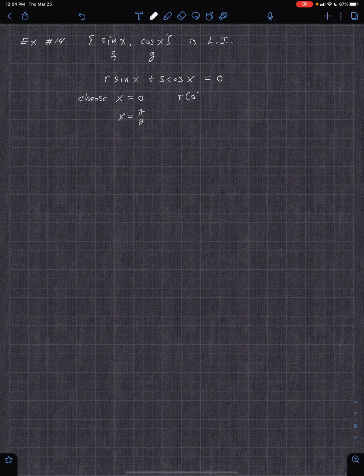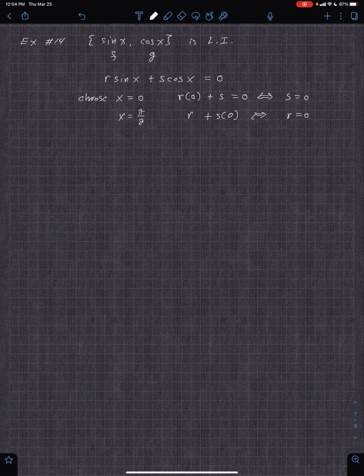So by doing that, you get R times 0 plus S equal to 0. And then if you solve that, you get S is equal to 0. It's an if and only if, actually. And then similarly, you get R plus S times 0, if and only if R is equal to 0. So we found a case where the only solution to the system is 0, 0.